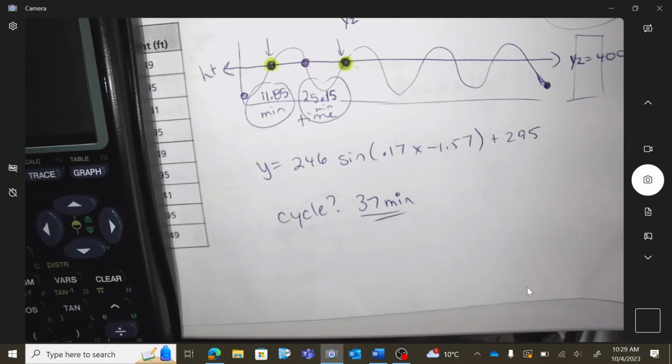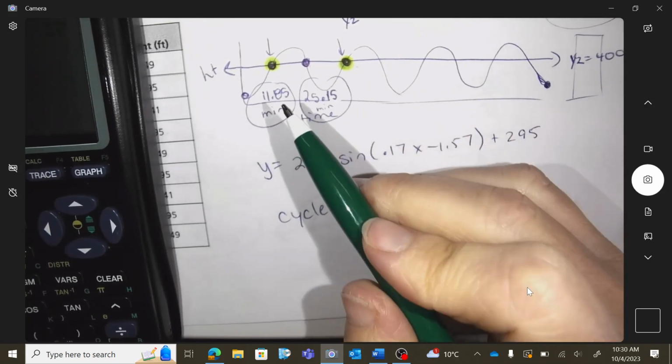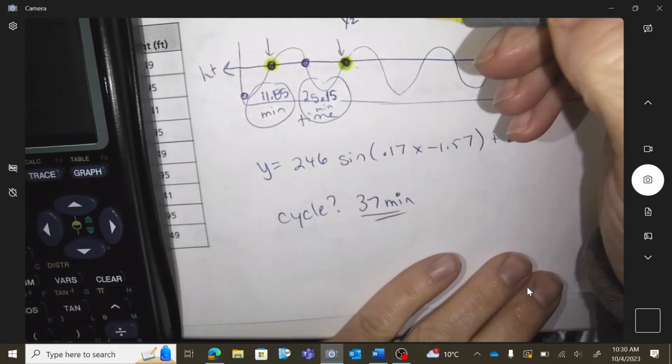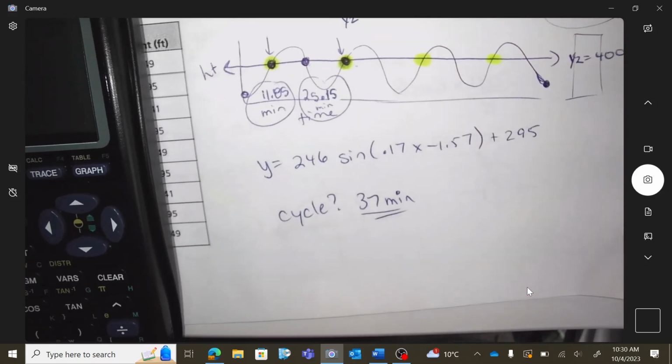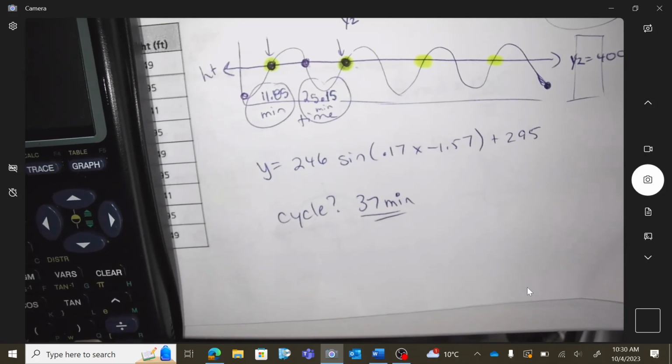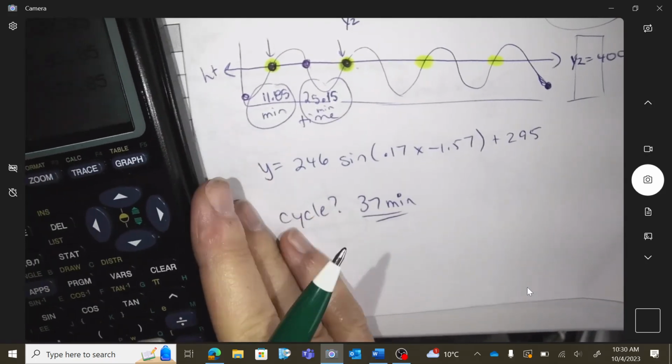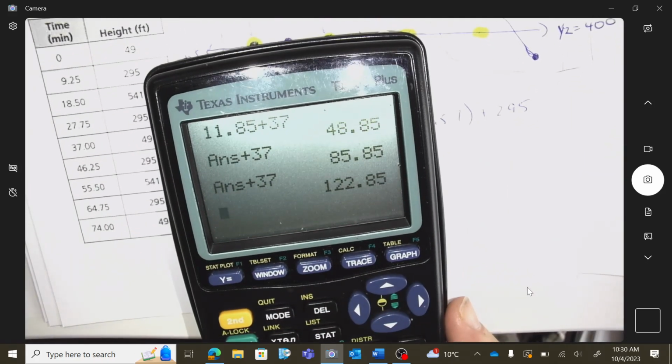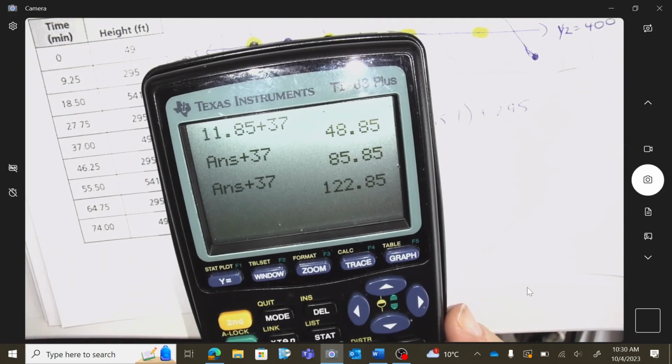You know what I mean? So this point should be 37 longer. So let's get all of these points right now. So go 11.85 plus 37 plus 37 plus 37, like that. Just go on your calculator screen, just go plus 37 equals, plus 37 equals, plus 37 equals.